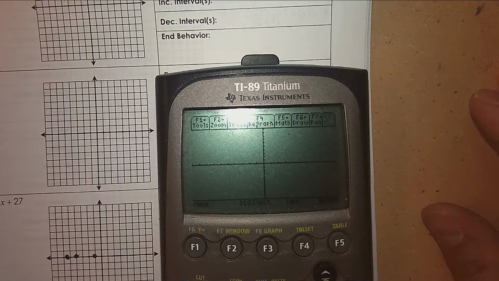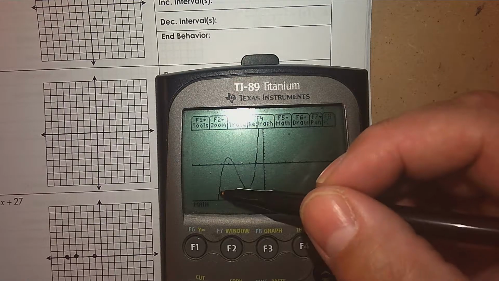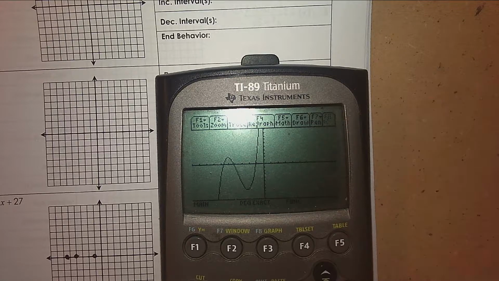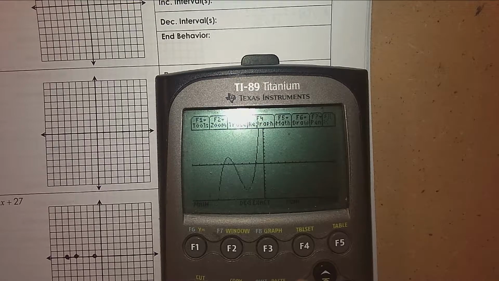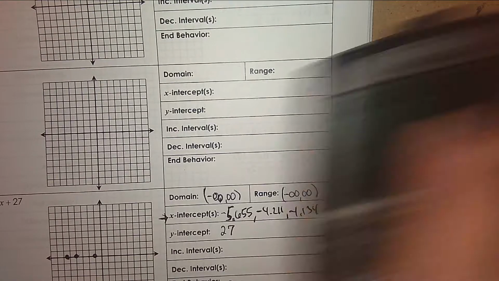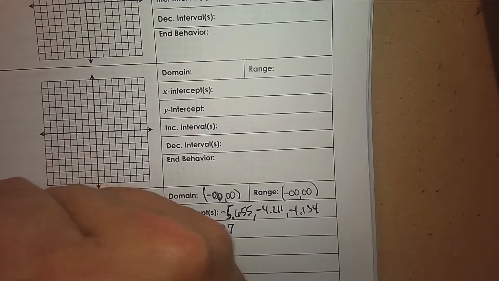Will I see what the turning points are? So that's good. I know the right end goes up and the left end goes down, so I only have 2 turning points.